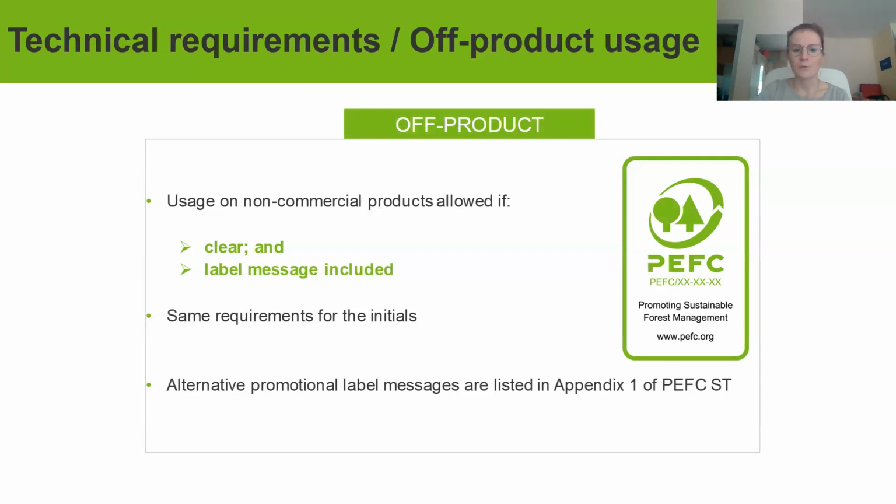And as I've told you earlier, there are alternative promotional label messages available in Appendix 1 of the PFC trademark standard, and depending on which user group you are in, you are entitled to different kinds of label messages.